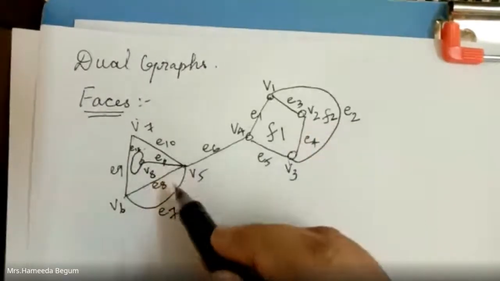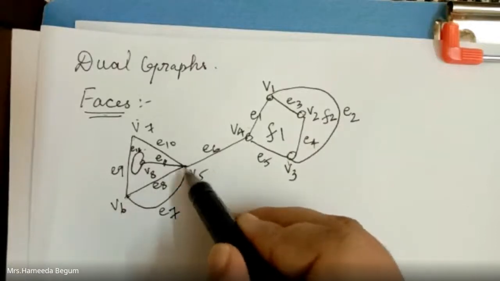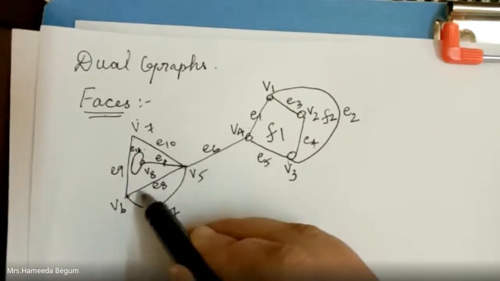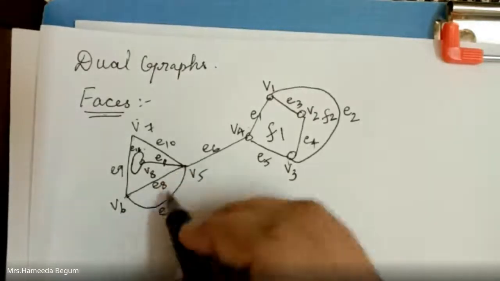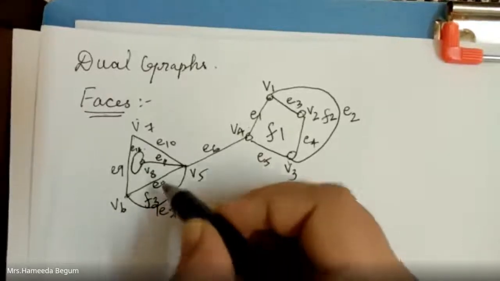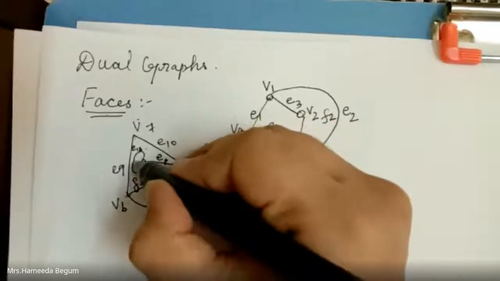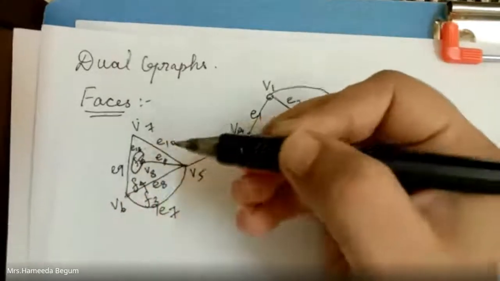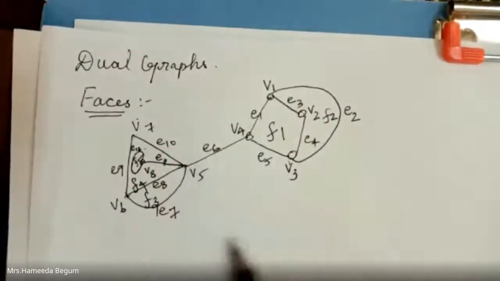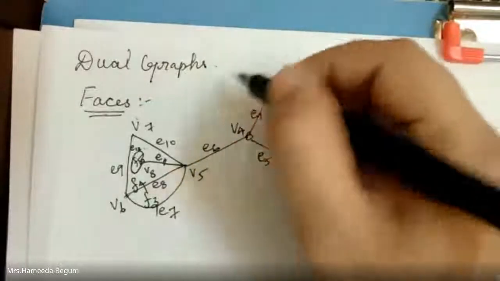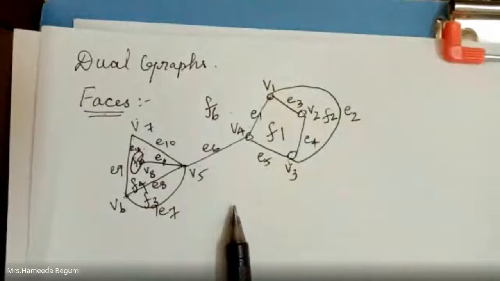Now similarly, if you come here, this region V6, V5 with the edges E8 and E7 forms one region, so it can be named F3. And V7, V6, V5 forms another region, F4. Now this is a small region, F5. Like this we have several regions, and after we finish this graph, the outer region is also a connected region, so we can name it F6. So these are called the faces.